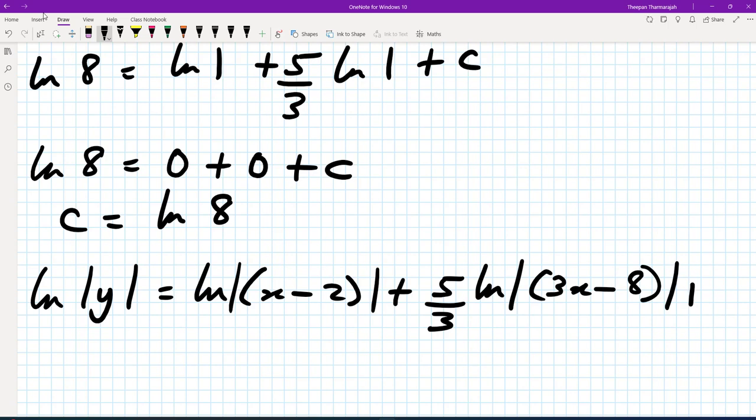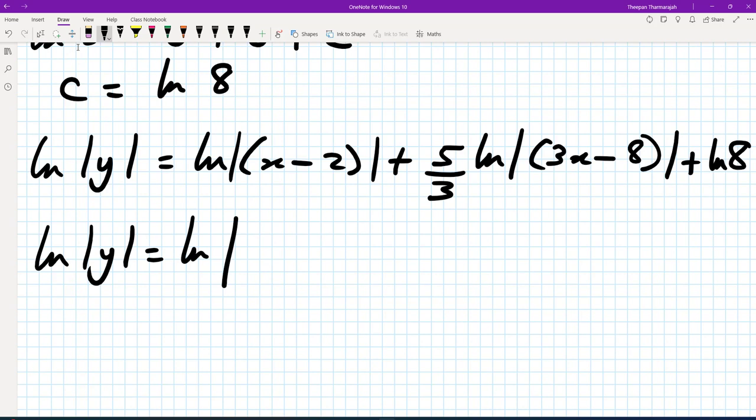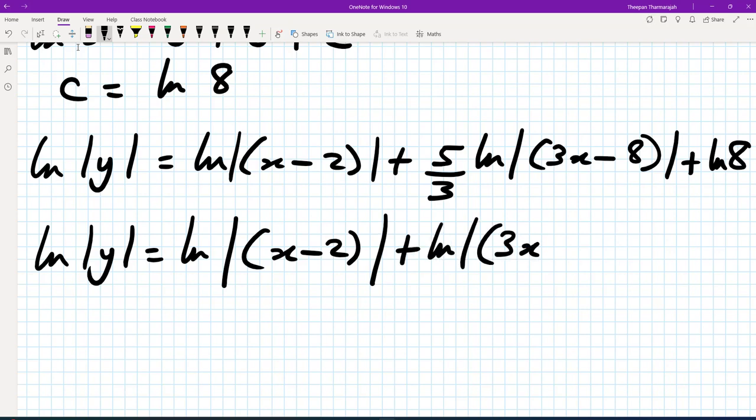But we also know that c is now ln 8. So what we can do here is manipulate the laws of logs. So we could write that as ln mod y is equal to ln, now we could write this as follows: x minus 2 plus ln mod 3x minus 8 raised to the power 5 over 3.